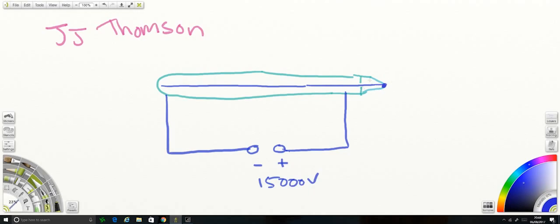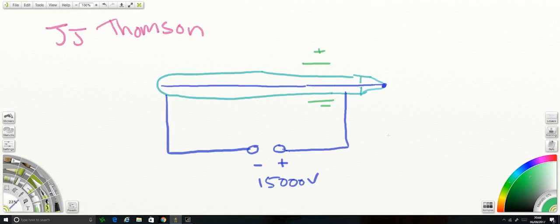So he was like, okay, let's see how this light, this beam that's being produced, actually behaves. He put a positively charged and a negatively charged plate across the area where the light was going through.